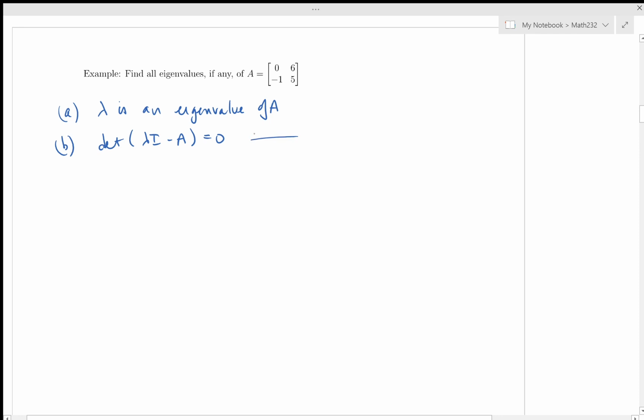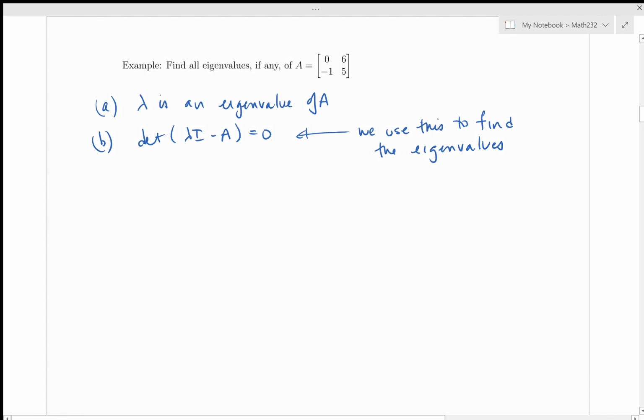So we use this to find the eigenvalues. We're going to do so many examples like this that by the end of this lecture you want to get that out of your head whenever you need it to find an eigenvalue. I'll do it in gory detail the first couple of times, and then I'll shorten the procedure as I can do things in my head.